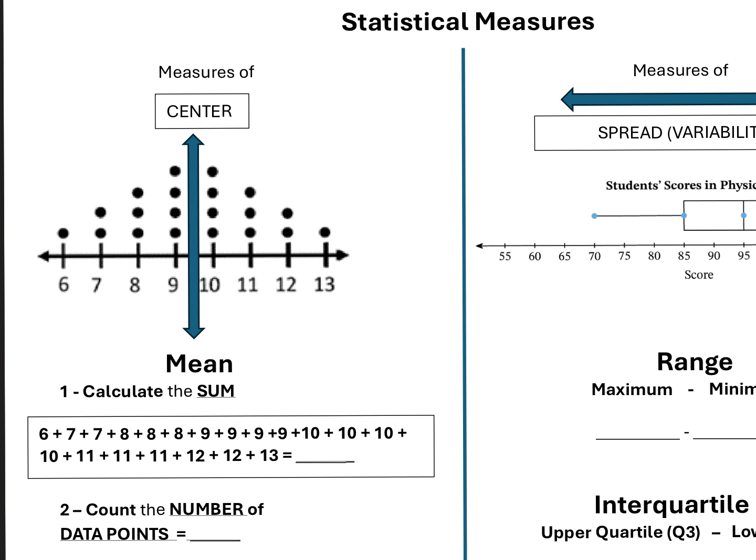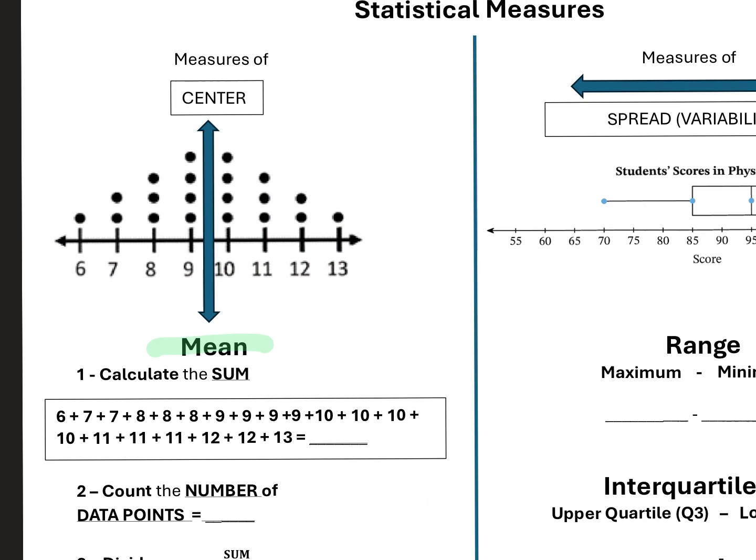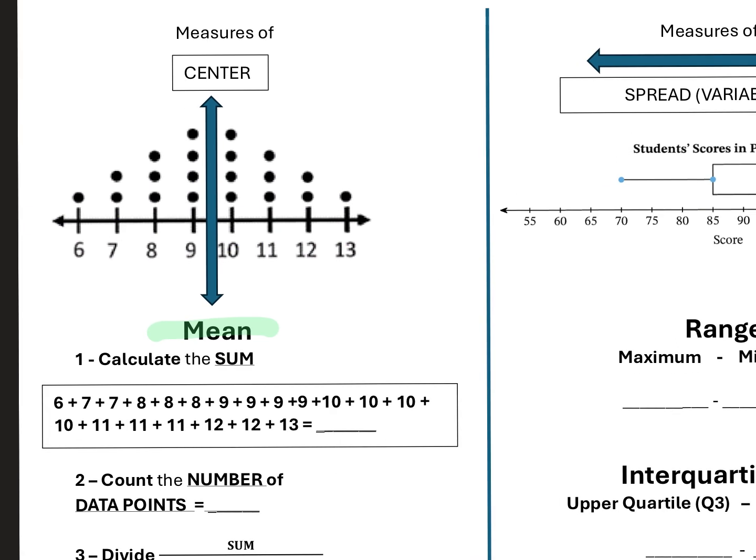So remember that the mean is another way of finding the average. It's one of the measures of center that we use, and it's a two-step process in order to calculate the mean. So step one, you calculate the sum of all of the data values. So the data values I have down here came from this dot plot up here.